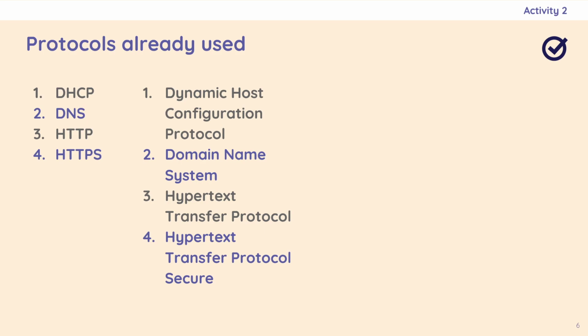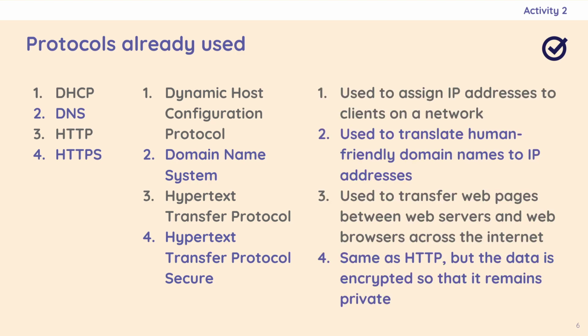Now, they are in order, so you've got dynamic host configuration protocol for DHCP, DNS is domain name system, and HTTP is hypertext transfer protocol, and HTTPS is hypertext transfer protocol secure. And they all have different roles too, and you can see that here. They all have different roles based on what they do on the application layer.